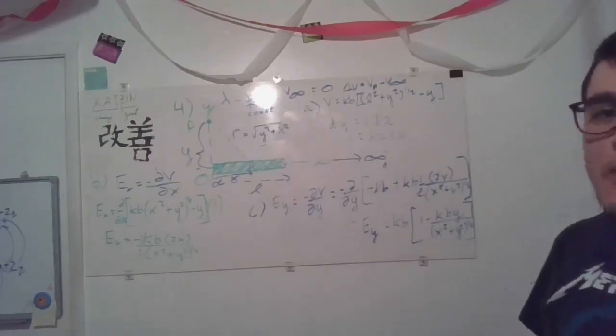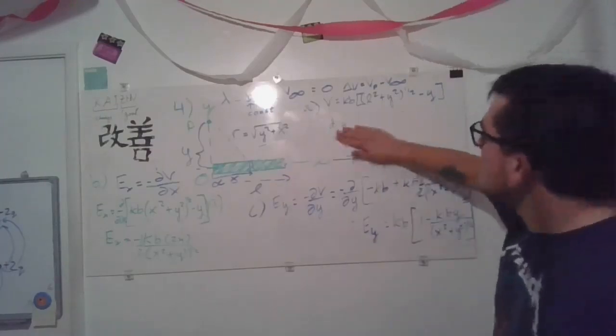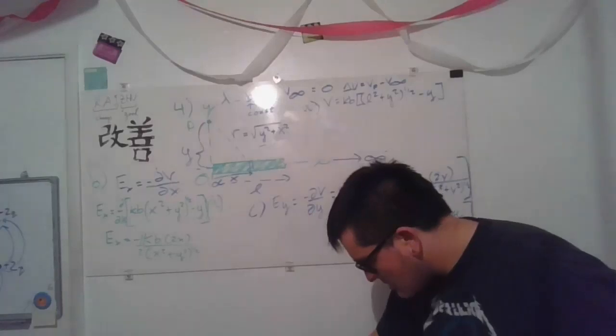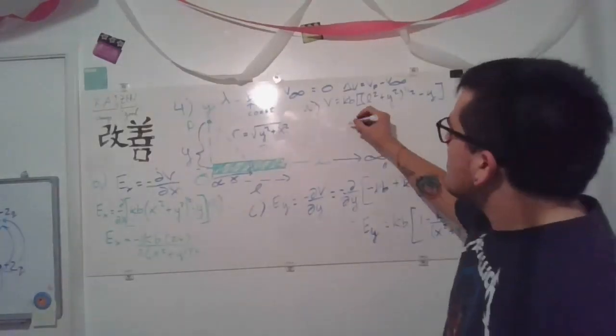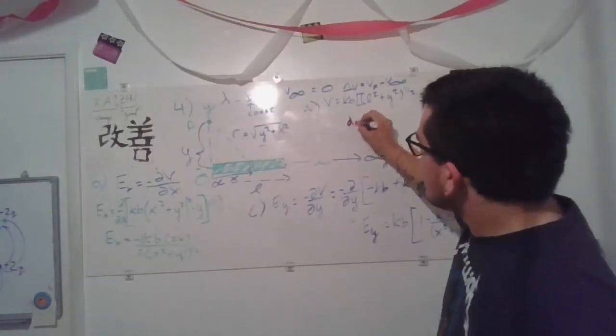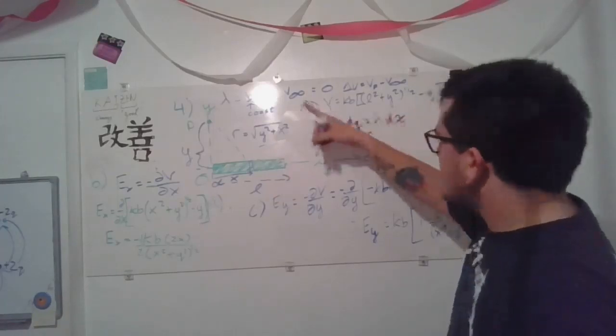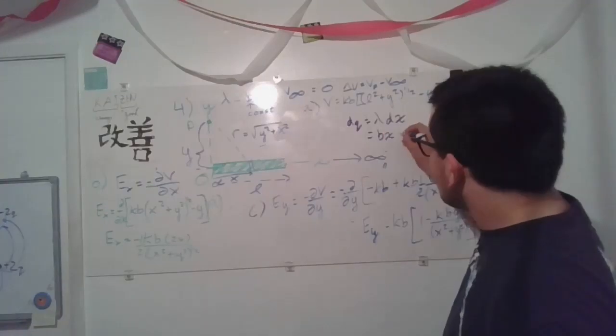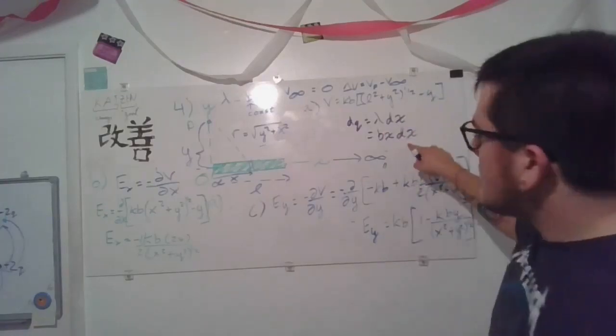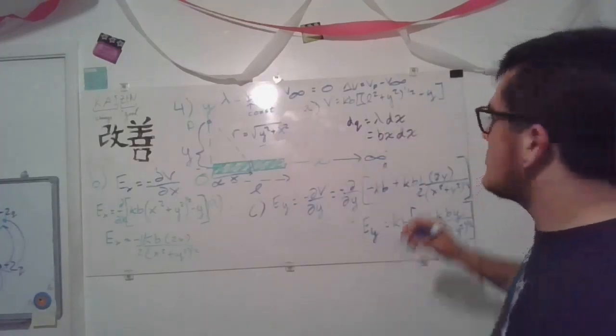Oh, you guys can't see that. Use a darker marker. dq is lambda dx, lambda is bx. Yeah. And then you take this and do your integration.